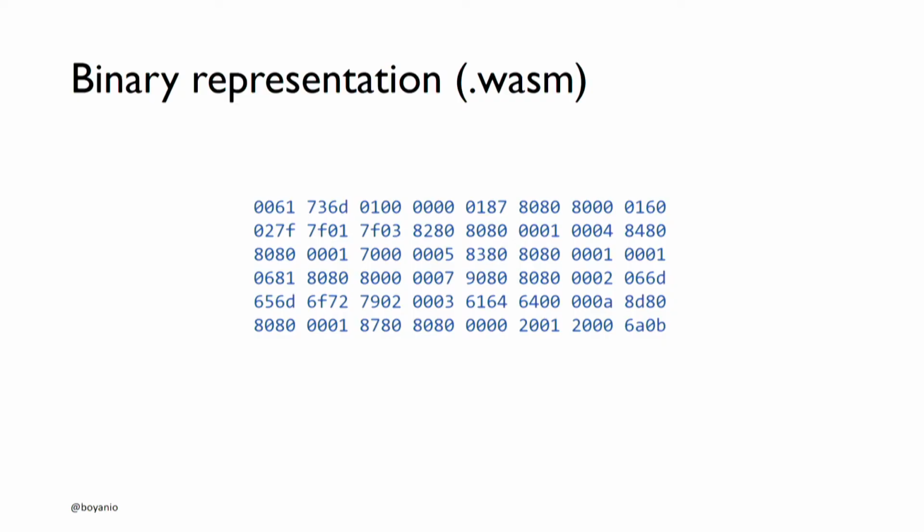WebAssembly is a binary language, so all these numbers represent exactly the same operations encoded with binary numbers. And although we are developers and we love seeing these kinds of things, right, it's very difficult to develop using numbers in this way. We prefer seeing some textual representations of our programs.